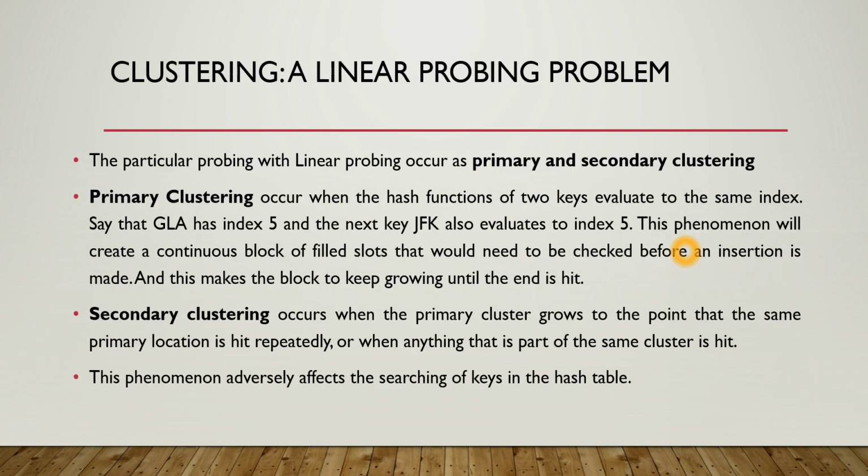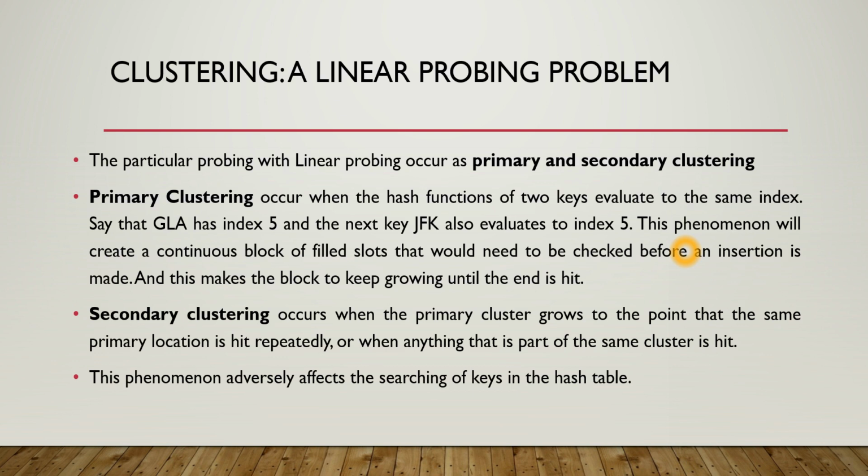Okay, now the two major problems associated with linear probing are primary and secondary clustering. Now, primary clustering occurs when hash functions of two keys evaluate to the same index. Say that GLA has index 5 and the next key was JFK, which also evaluates to index 5.